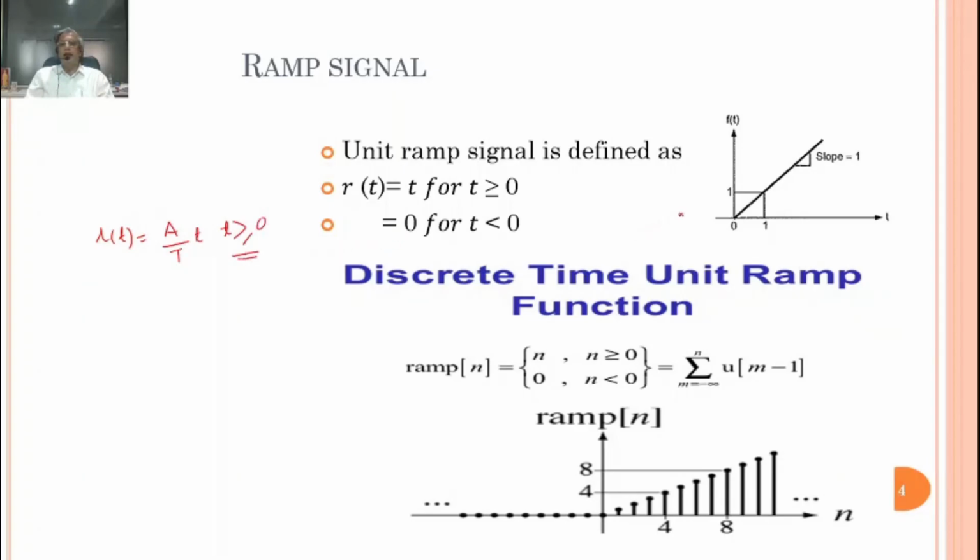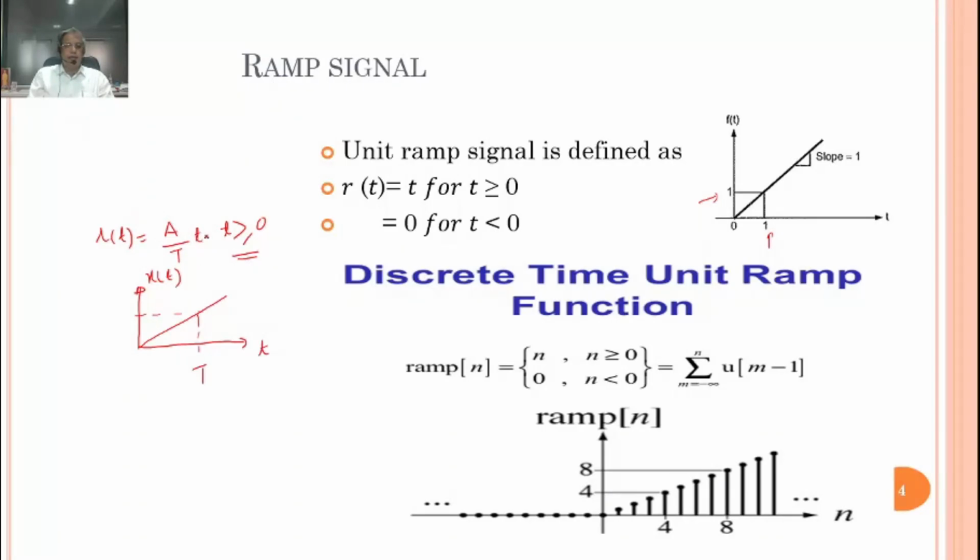Here, the magnitude is A and the duration is T. If we find the slope of this line, the slope is A by T.